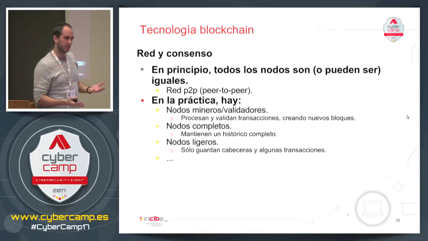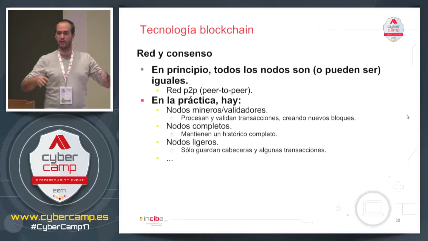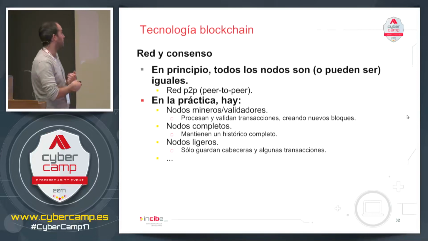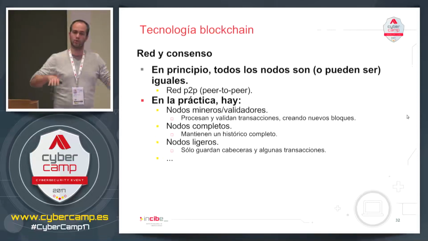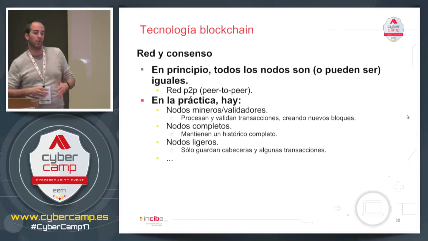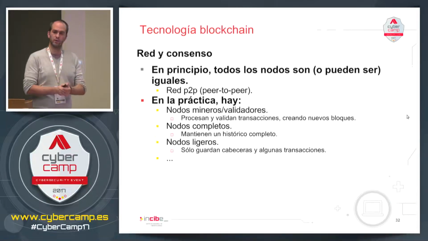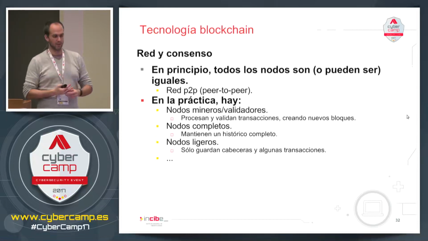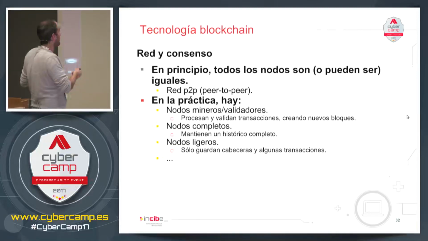What do you need for a consensus? You need a communications network to send all these changes about the net change. And the blockchain systems use peer-to-peer networks. The theory is that they're all the same. Anybody who wants to get sufficiently involved and is prepared to invest what's necessary can do any of the roles in the network.